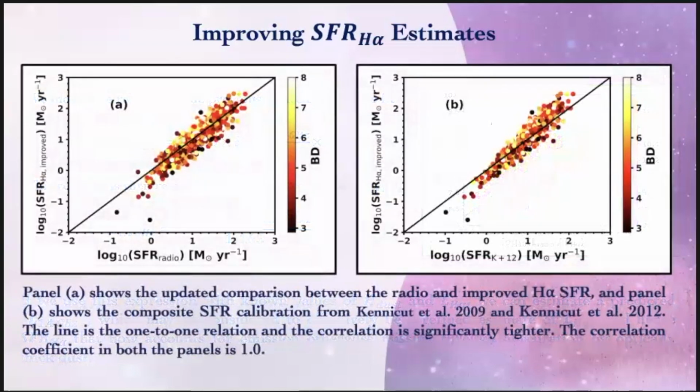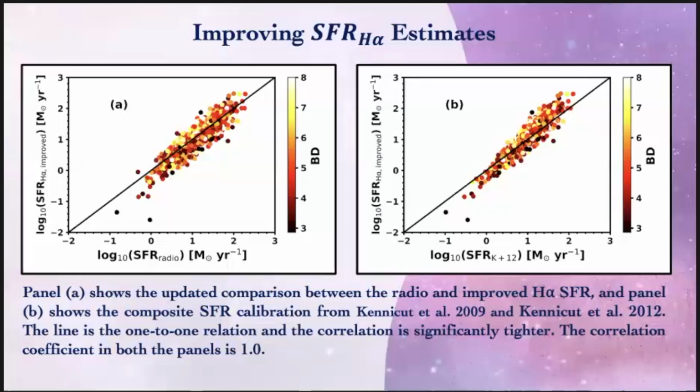So with that, I've plotted the same star formation comparison that I showed at the beginning of this part of the analysis. In this case, panel A is the updated comparison between the radio and the improved H alpha star formation rate. Both figures here are after Balmer decrement correction, and we can see that there is no Balmer decrement dependence here anymore.